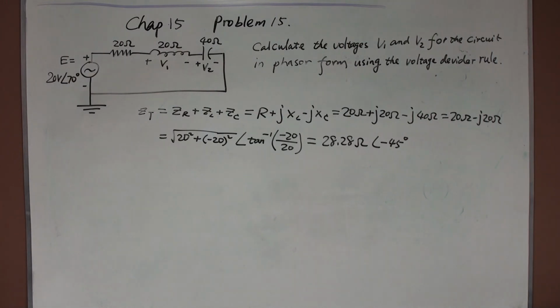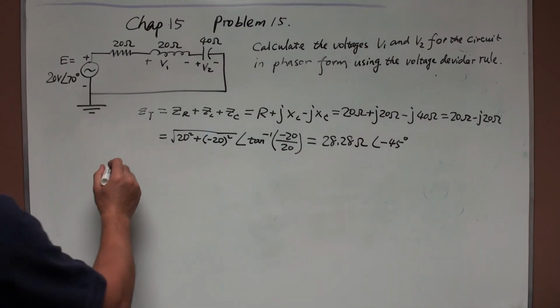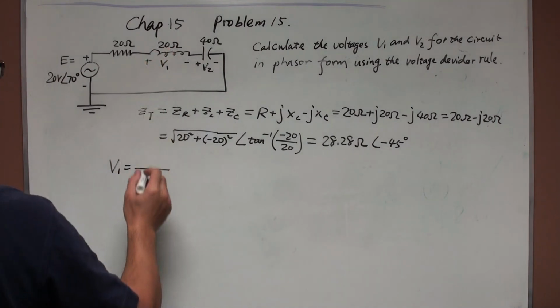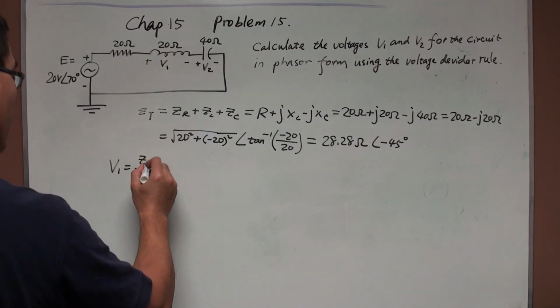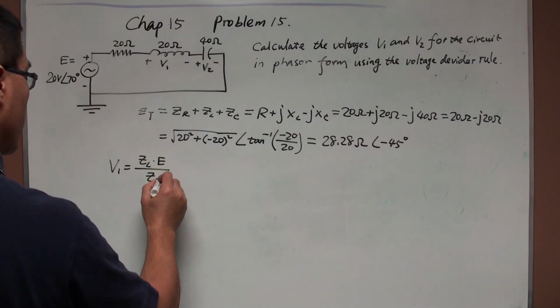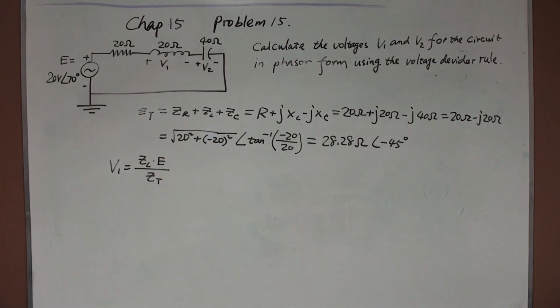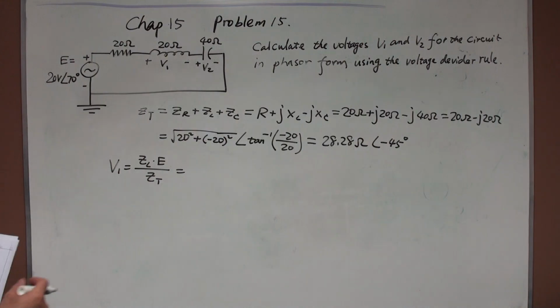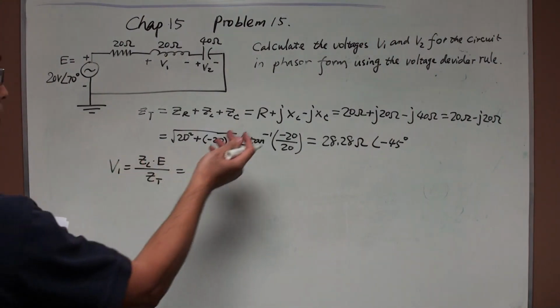So once we have the total impedance, based on the voltage divider rule, we know that V1 will be equal to ZL times E over ZT. That's from the voltage divider rule. So we just use those individual values. ZL we know is here.